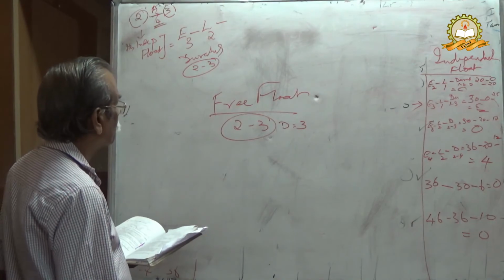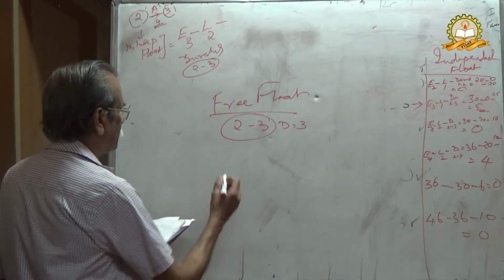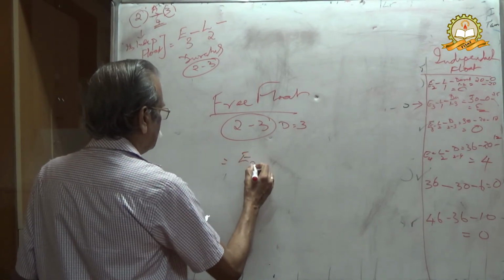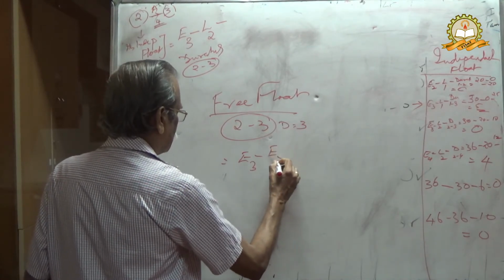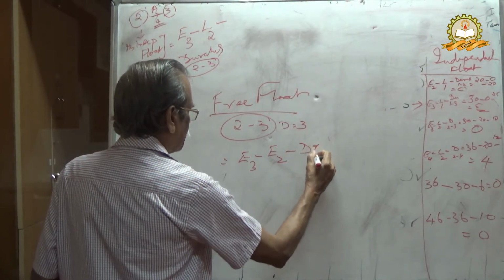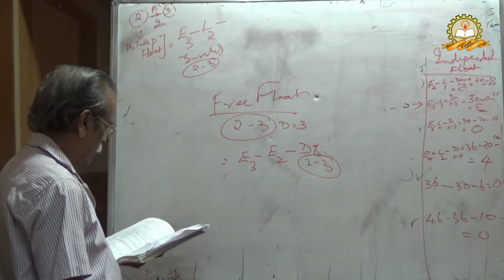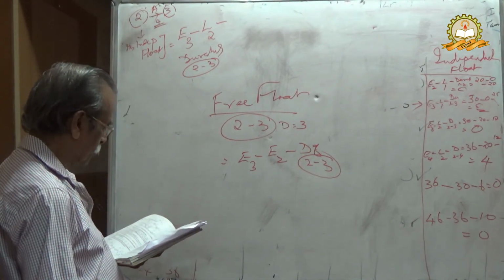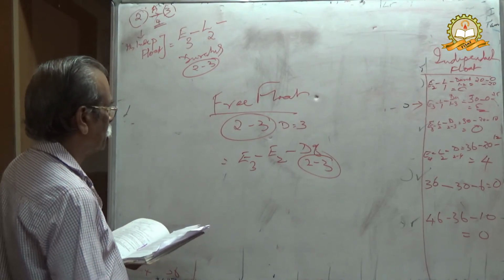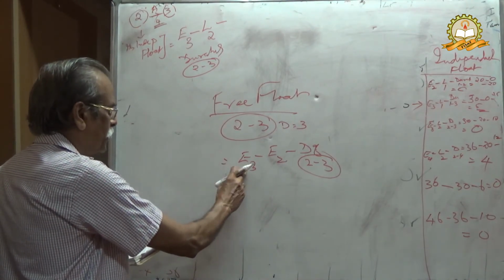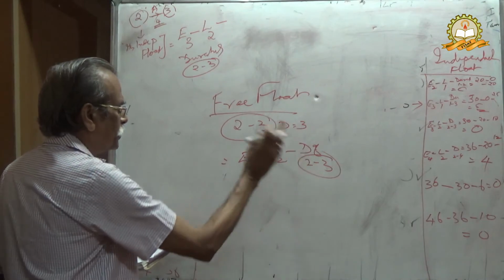Free float is defined as E3 minus E2 minus duration of 2-3. E3 and E2 will be given or obtained, and the duration.